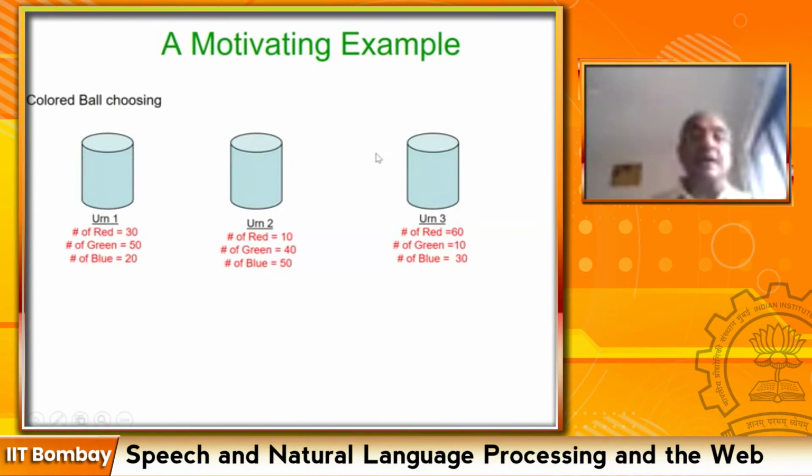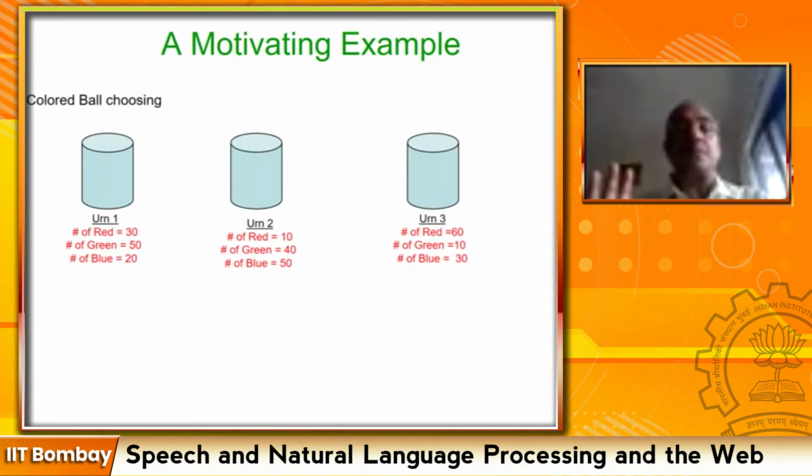So you can clearly see that there are two obvious probabilities involved. One is picking a ball given the arm, and the other probability is next arm given the current arm. Which arm do I choose next?